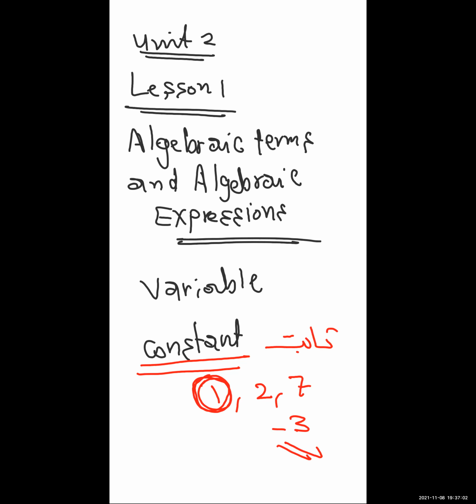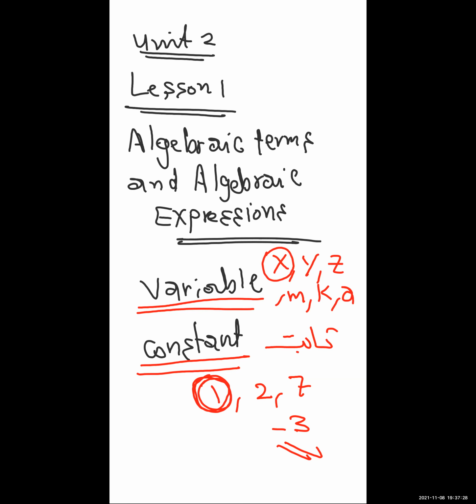But variable means it may have several values. Like what? Always we denote the variables by using letters like X, like Y, like Z, like M, like K, like A. All these are variables because they may have several values.